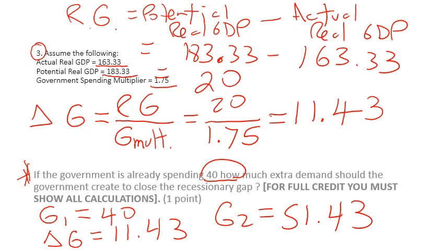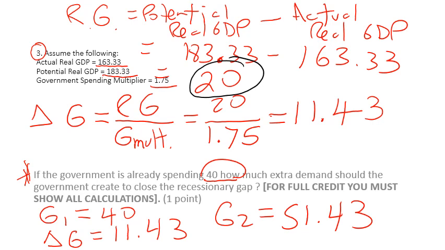What we're looking at here is the essence of the so-called Keynesian revolution, because before Keynes, it was assumed that if the recessionary gap is equal to $20 billion, the government would have to spend an extra $20 billion to close the recessionary gap, to cure unemployment.